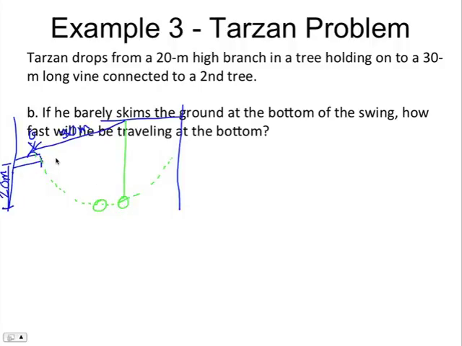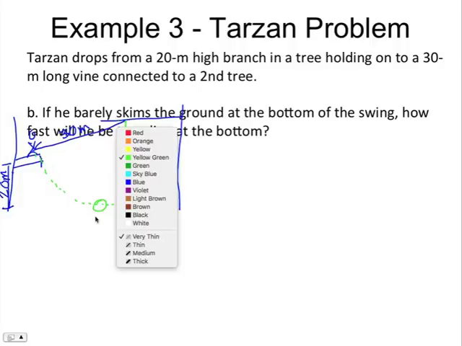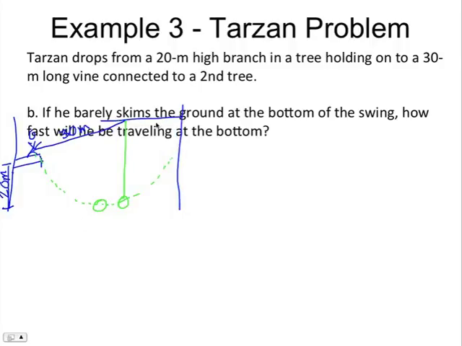So let's think about what kind of energy Tarzan has at each of these points. Initially, Tarzan is a certain height above the ground, not moving, so he has gravitational potential energy. At the bottom, when he barely skims the ground, he's not a height above the ground at all, he has zero potential energy, and he's moving, so he has only kinetic energy. We're looking for this velocity.